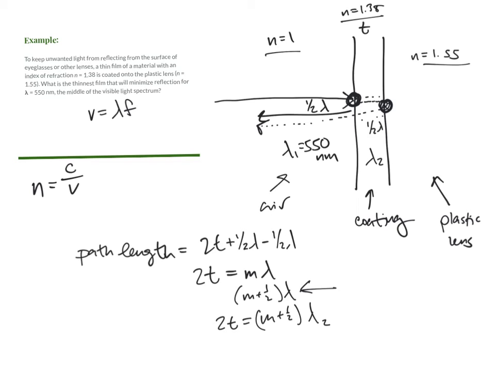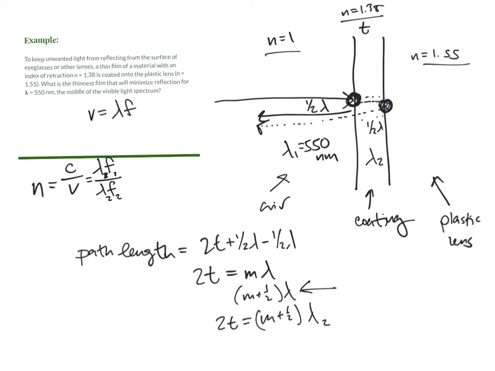And we can plug that in for each part of our equation. We say that the frequency times the wavelength of our light going at the speed of light is divided by the frequency times the wavelength of our light in the second area. But we should know that frequency stays the same.